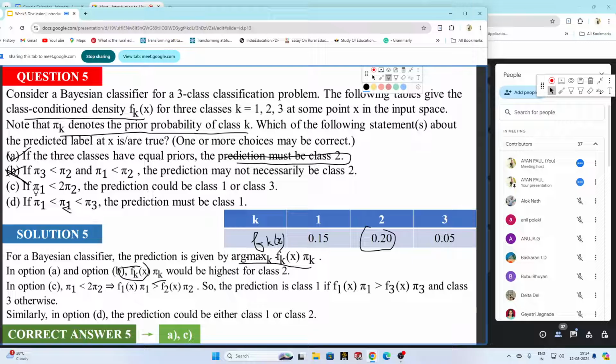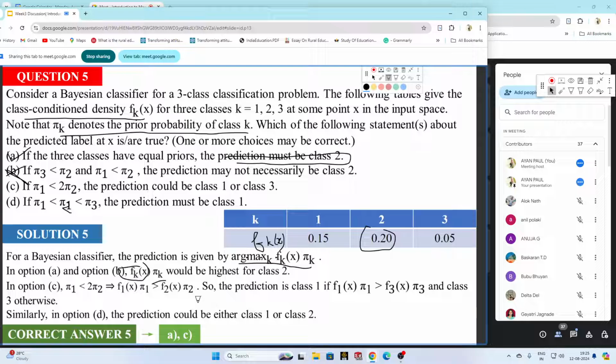Now if pi 1 is less than 2 pi 2, the prediction could be class 1 or class 3. If pi 1 is less than 2 pi 2, then f1(x) pi 1 will be greater than f2(x) pi 2, so the prediction is class 1 if f1(x) pi 1 is greater than f3(x) pi 3, and class 3 otherwise.